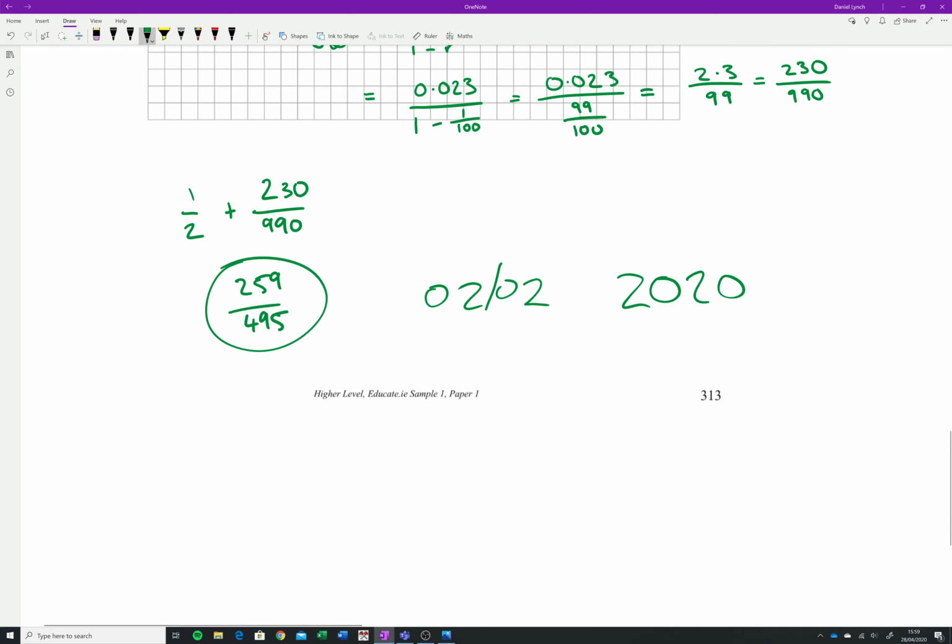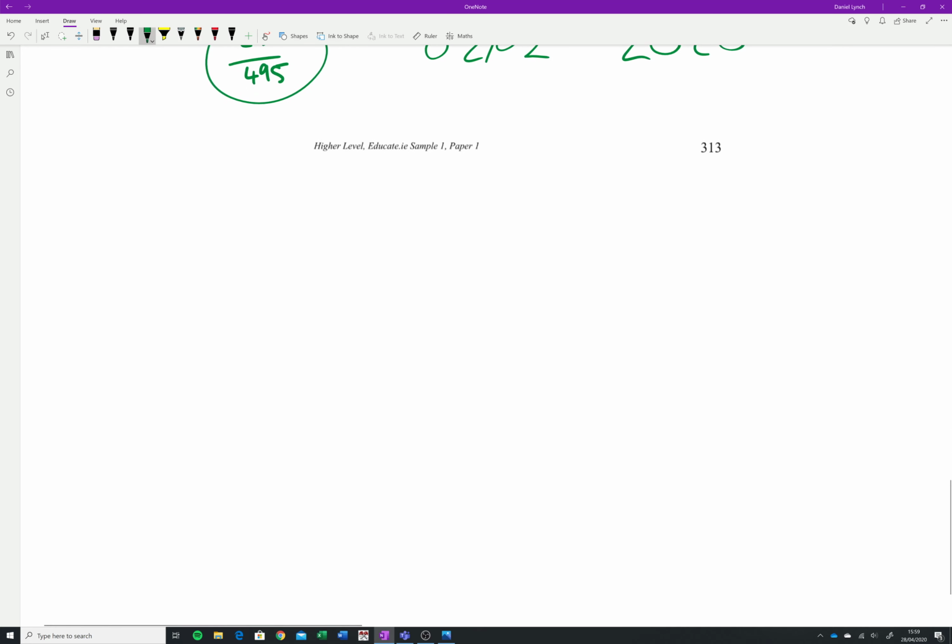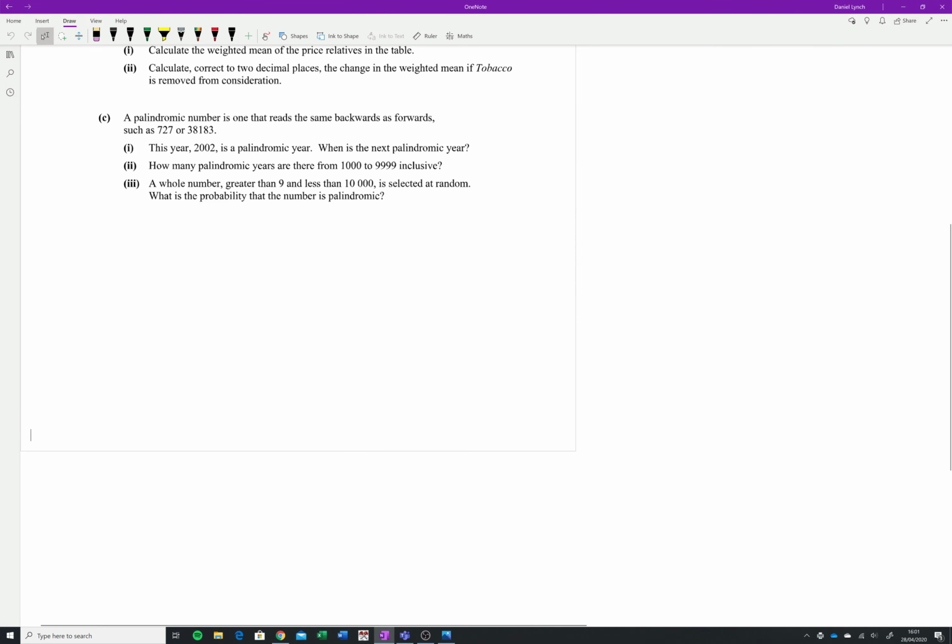What I will do is we'll go to that vintage year, 2002. So I'll just pause it here and get that for you first. Okay, and here we have, like magic, the 2002 paper.